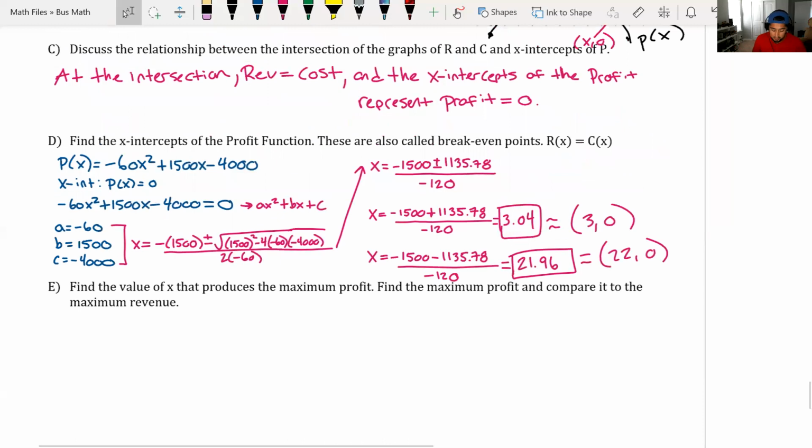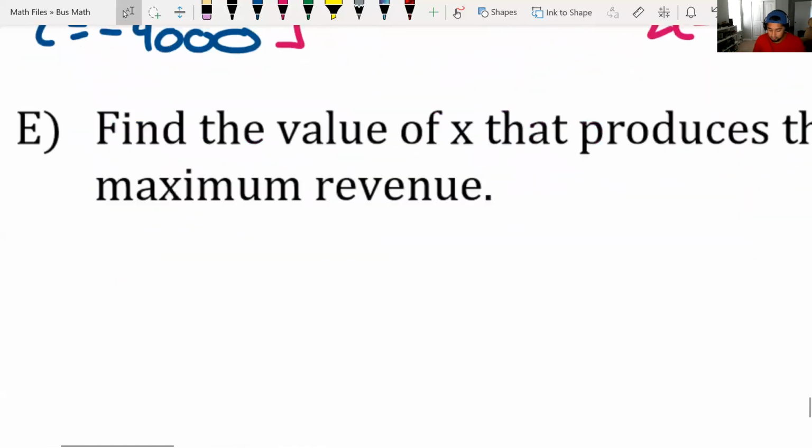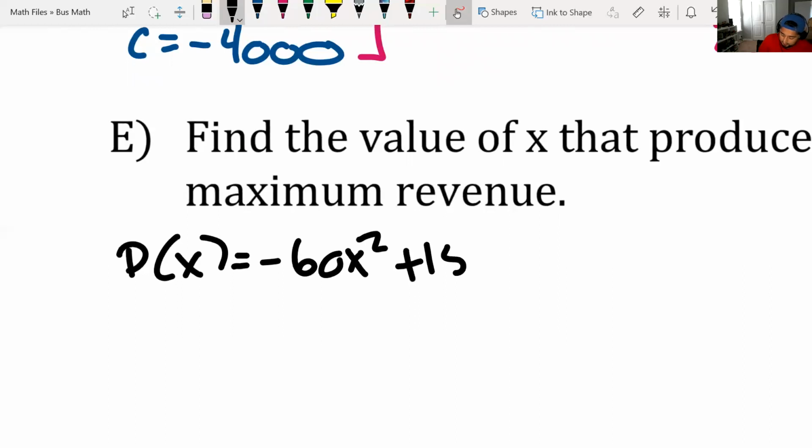Okay. So write the profit function again. P of x is negative 60x squared plus 1500x minus 4,000.